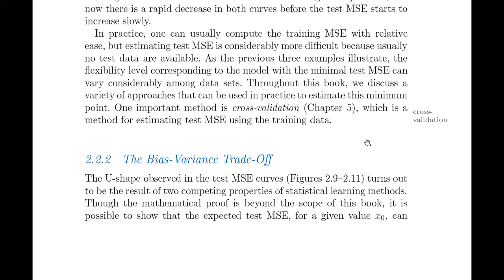New section. The U-shape observed in the test MSE curves turns out to be the result of two competing properties of statistical learning methods, which is why we're speaking of a trade-off over here.